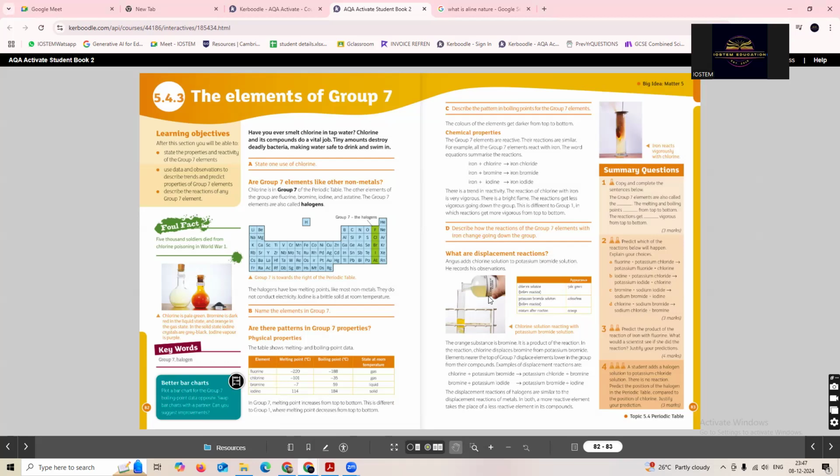Fluorine, chlorine, bromine, iodine, and astatine.